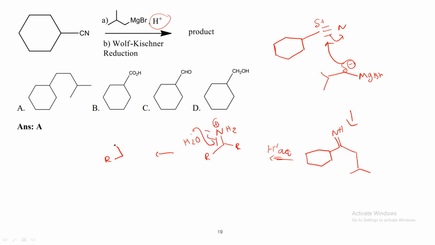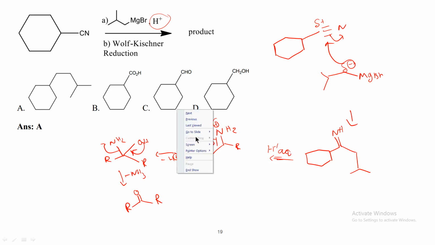So with this NH2, OH and R, like these things are possible, and then simple removal of ammonia. Here also one H plus is removed. So ammonia is removed. So in this way, simple hydrolysis from this type of imine, the imine hydrolysis, the keto is formed.